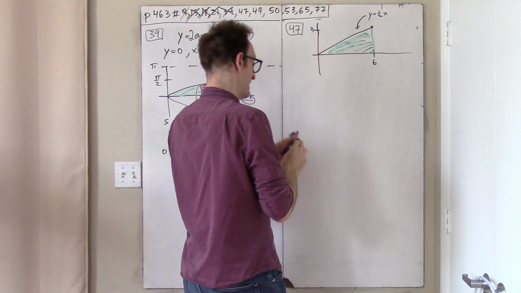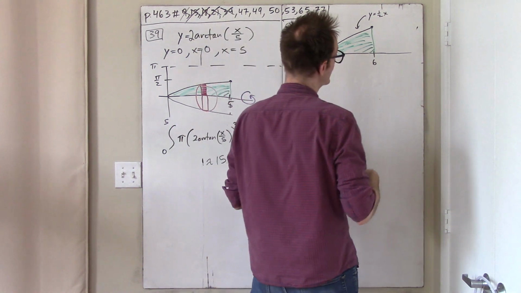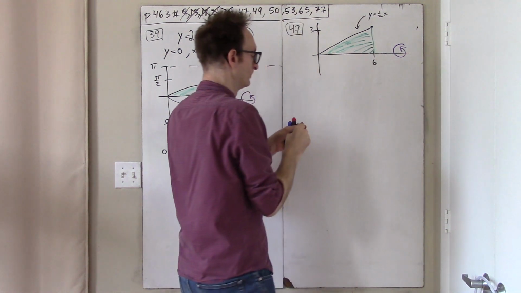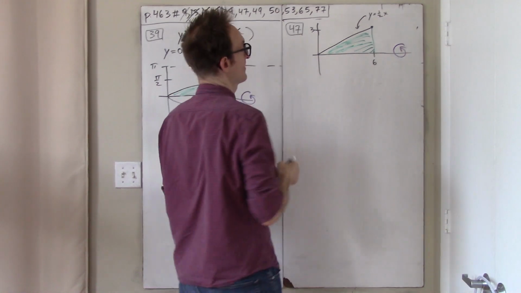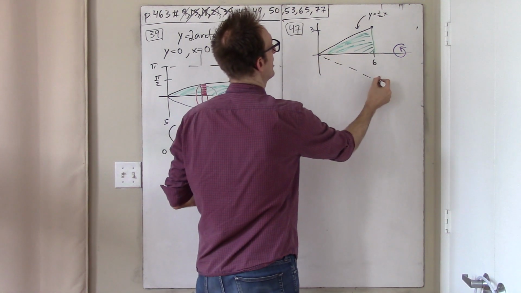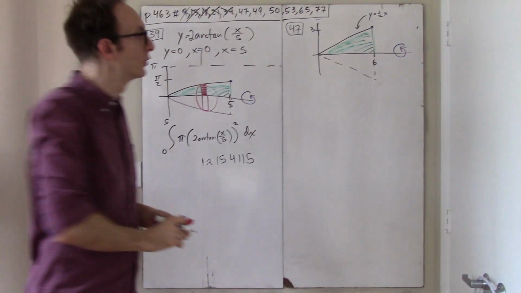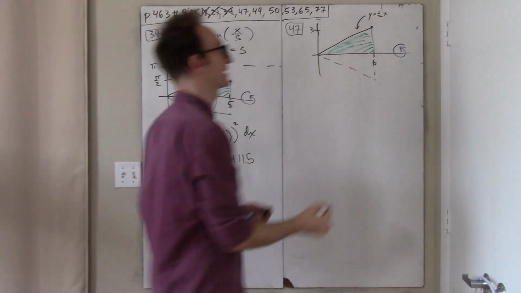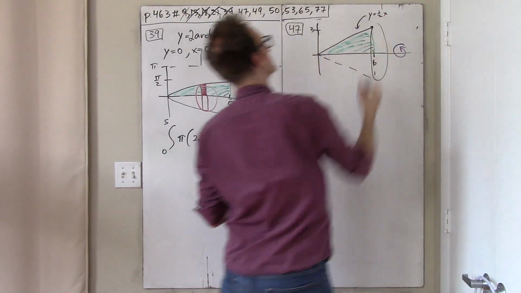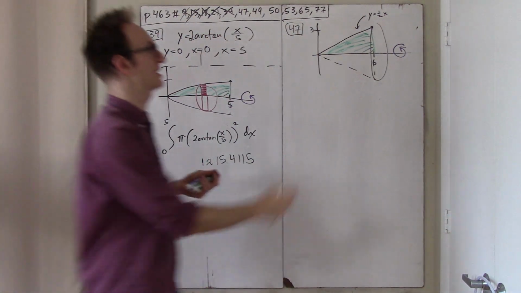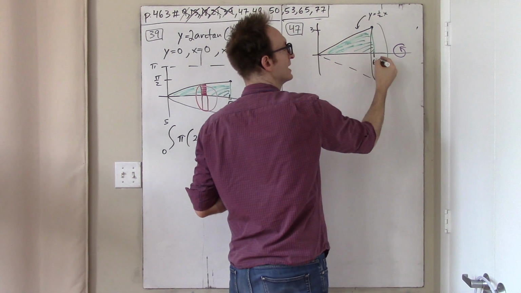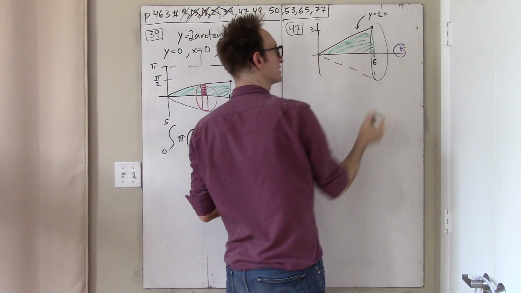If we spin this about the x-axis, we get a cone. And what are the dimensions of that cone? Well, the radius of the cone is 3, and the height of the cone is 6. And so you could have reverse engineered this equation to be the one that you needed. That's what we did in the previous video, to find the volume of a certain cone.